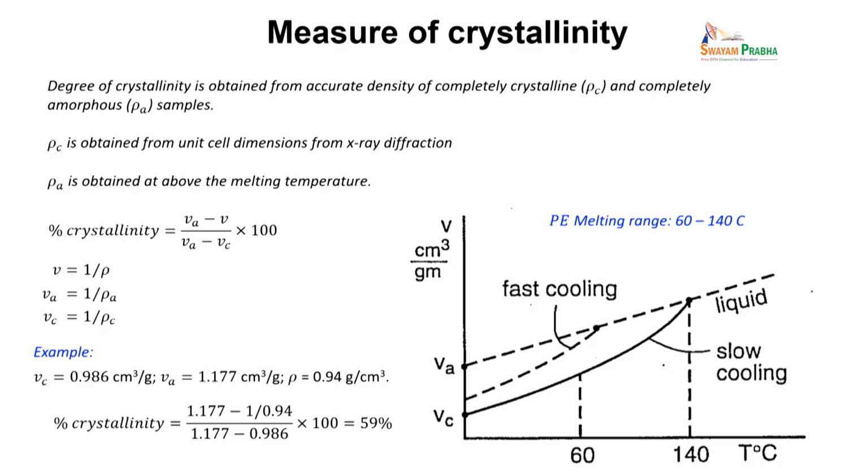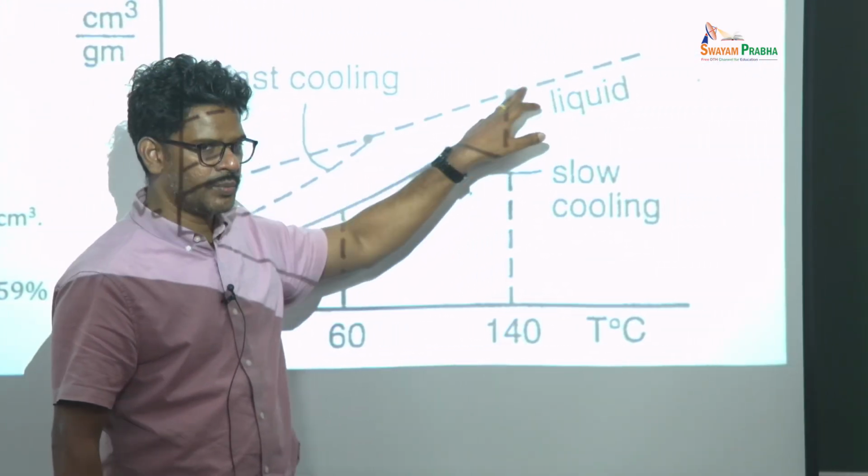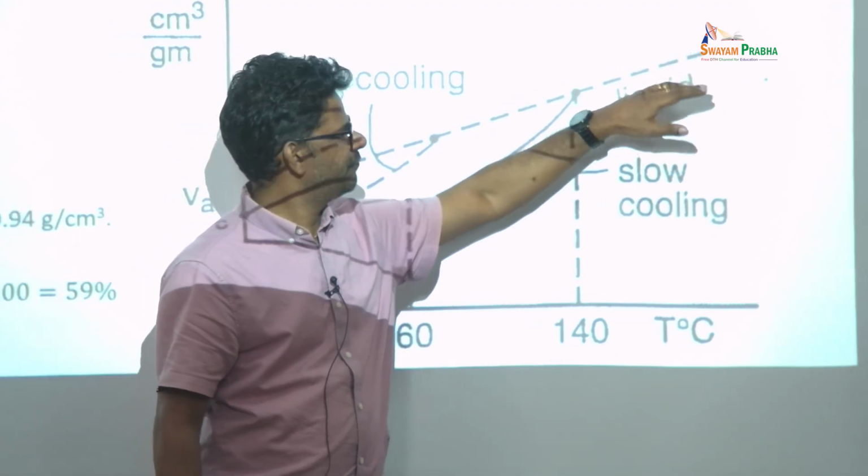Okay, so you see the heating curve, I think this is polyethylene. So you start from some temperature and you are heating and you are measuring the specific volume. Specific volume is nothing but inverse of density. So the specific volume increases, and then somewhere there is a melting point, and after that it becomes a liquid. So you will get these points from here.